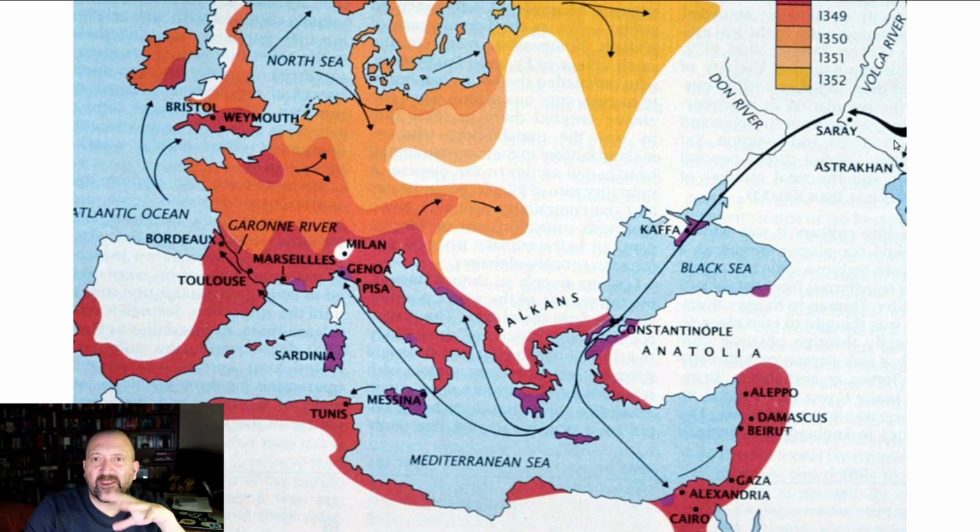This is 100 years later than the trade map that I was showing you, from 1347 to 1352. 1347 is not showing here, but these are the little patches of purple. This is the arrival of the Black Death into Europe and North Africa.